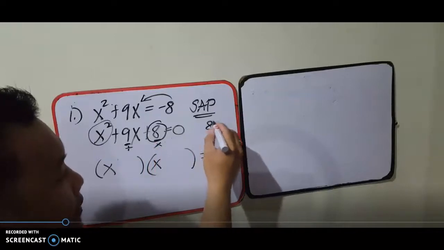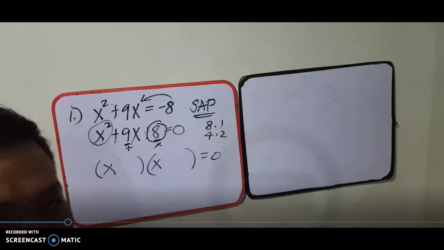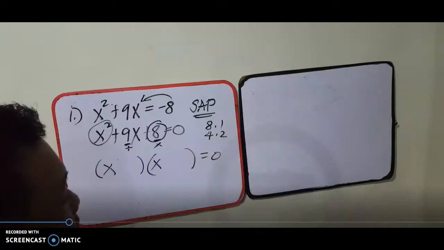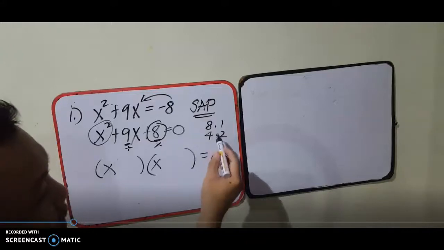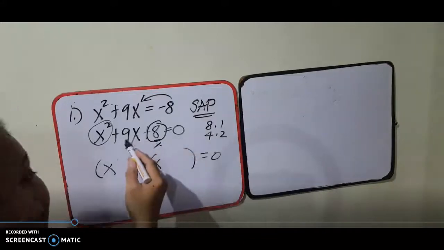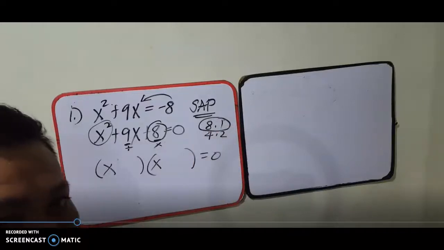It can be 8 times 1, and it can also be 4 times 2. Since both of them are factors of 8, we are just going to think of the right factors for it. Which of these two factors, when added, gives the sum 9? Obviously, that's 8 times 1.